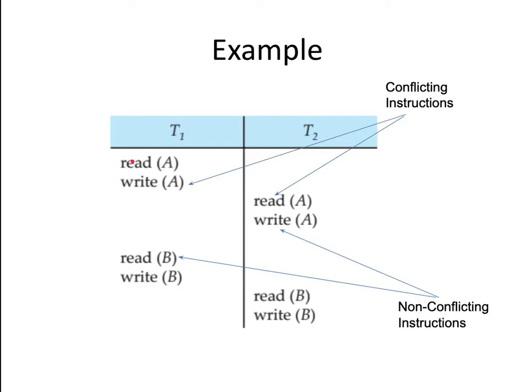Instruction number 1, that means R1 from T1, and W2 from T2 are conflicting instructions, but R1 and R2 from different transactions are not conflicting instructions. Similarly, if we are considering a read and a write operation but on different items, over here writing has been done for A and reading has been done for B, so they are non-conflicting instructions. I hope the scenario is very clear to you.